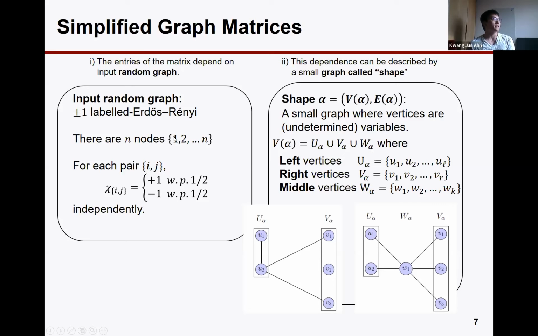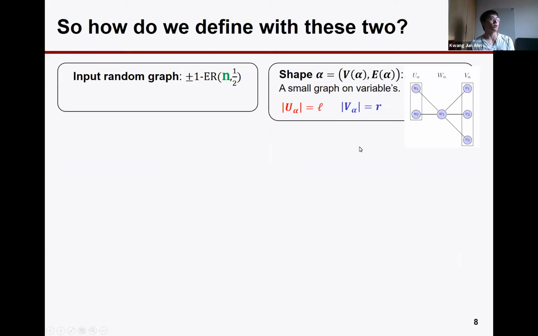Okay, so based on these two ingredients, graph matrices are formally defined as this. What I want you to focus on here is that n is the number of nodes in the input random graph, and the shape has L left nodes and R right nodes.